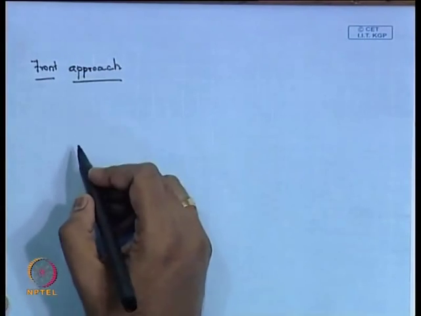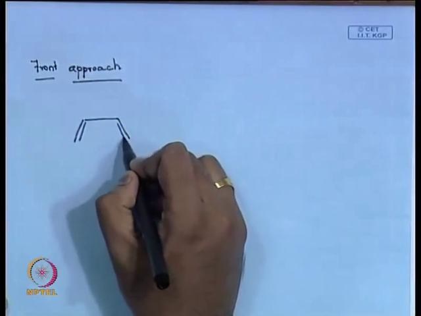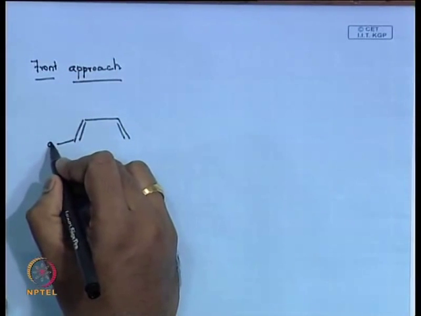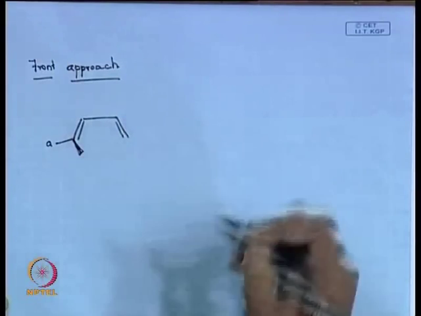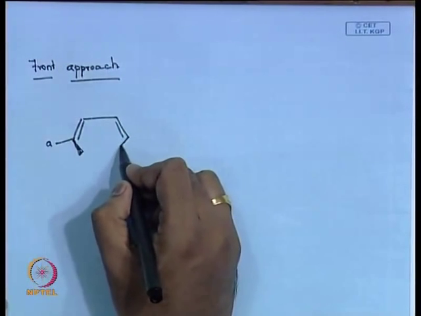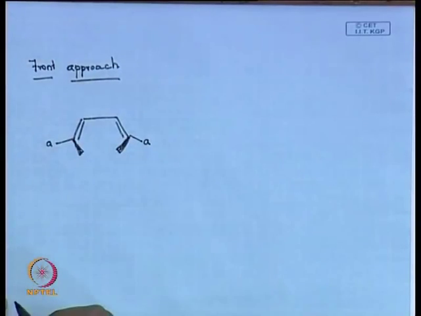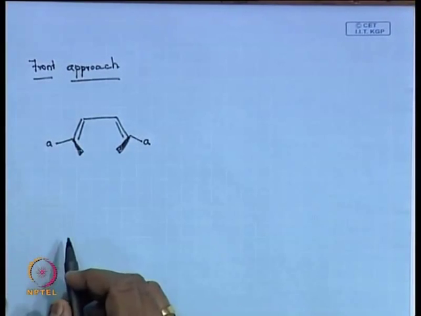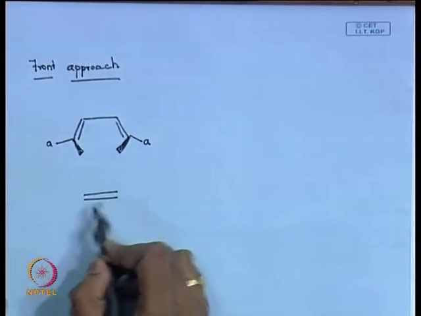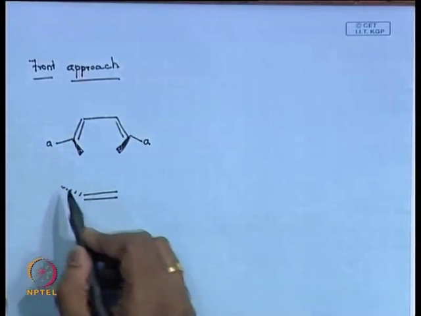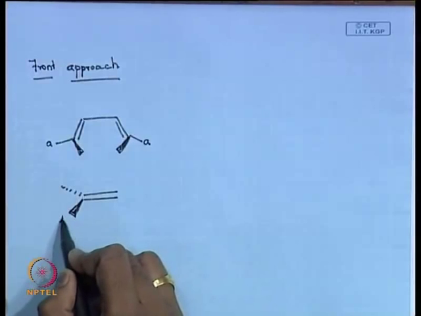For example, I am taking a diene with a substituent A or another substituent A. Now, I can think about my alkene, one can be B.